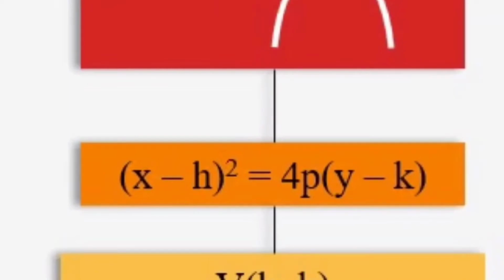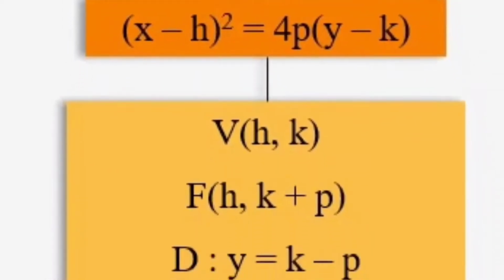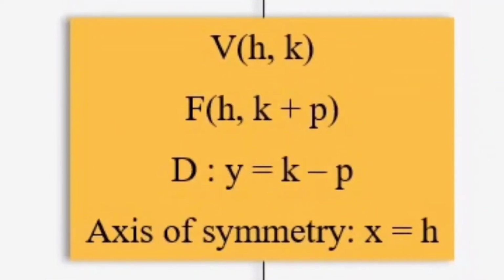Dito muna tayo. If the graph opens upward or downward, the standard equation will be x minus h squared is equal to 4p times the quantity of y minus k. And yung properties niya ay, for the vertex, we have v, h, and k. For the focus, we have f, h, k plus p.